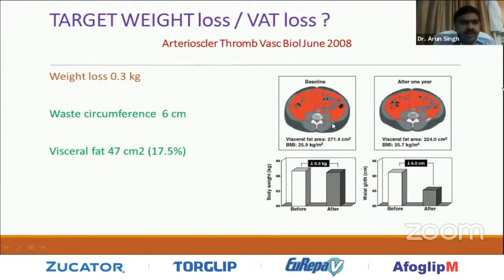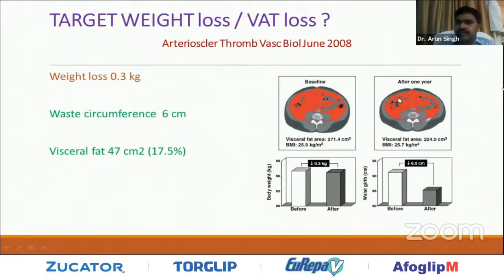But when the waist circumference was measured, not just BMI, there was no change in BMI of this patient, but waist circumference decreased by 6 centimeters after 1 year, and see the change in visceral fat, which decreased by 17.5%. The visceral fat was 271 centimeters square, and after 1 year of intervention, it was 224.